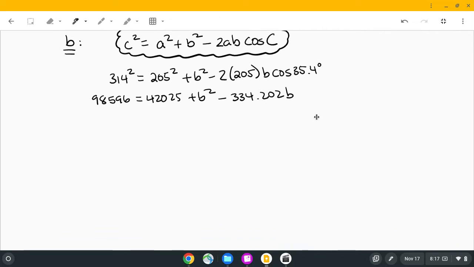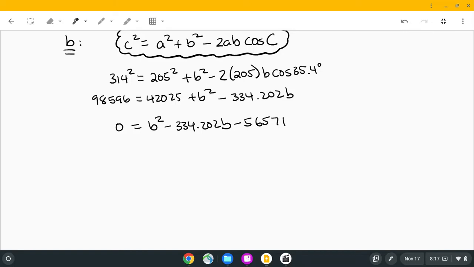Set this equal to 0 and put it in descending order, and you'll end up with 0 equals b squared minus 334.202b minus 56571.